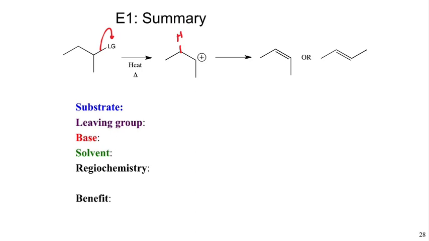in E1, typically the way we lose that next hydrogen is the heat vibrates the bond enough that the electrons come down to form the pi bond, and we'd have H plus kind of chilling on the outside. Okay, and that's typically what we reference. You will usually see some form of solvent.